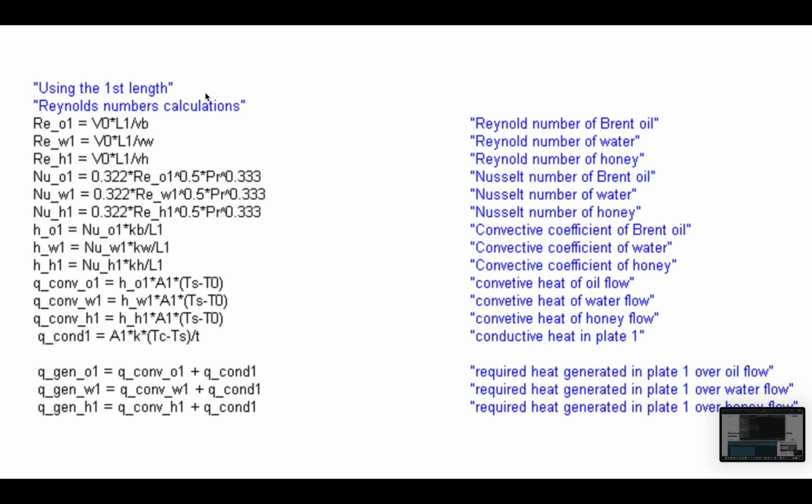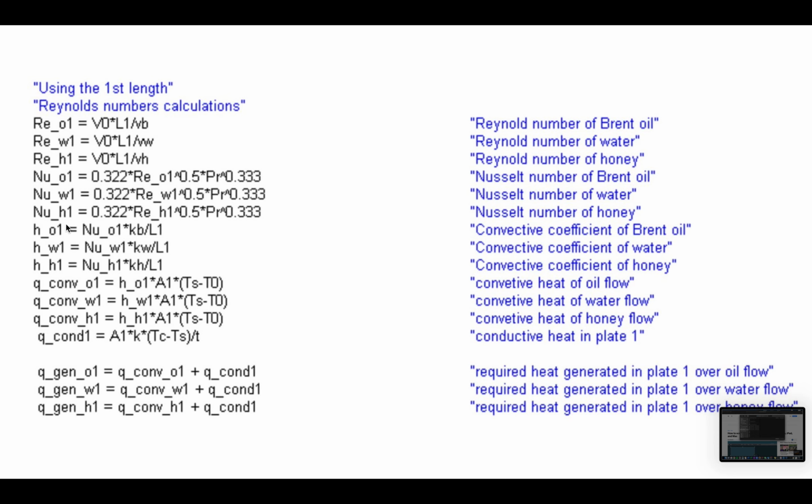Right here is the calculation using the first plate, which is 0.1 meter, I believe. We have the Reynolds number, and from the Reynolds number we can calculate the Nusselt number.